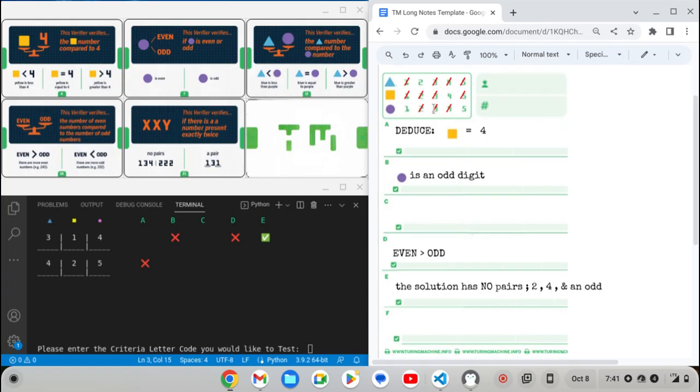So let me go ahead and cross out the 5 here. And in C, I'm going to type that I'm going to deduce that, again, triangle should be greater than circle.